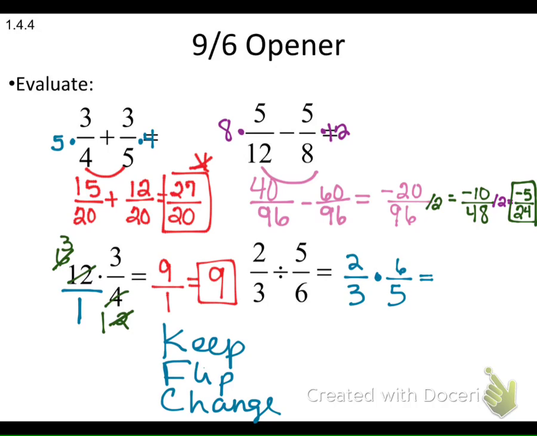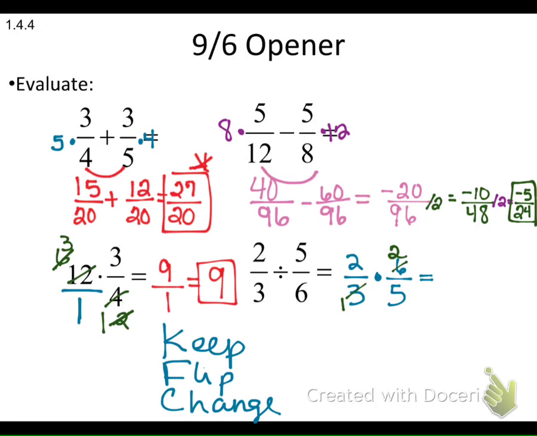No. So then I go to my 6. Can I reduce 6 and 5? No. What about the 6 and 3? Yeah, what are they both divisible by? Not by 2. 3. So 6 divided by 3 is 2. And 3 divided by 3 is 1.